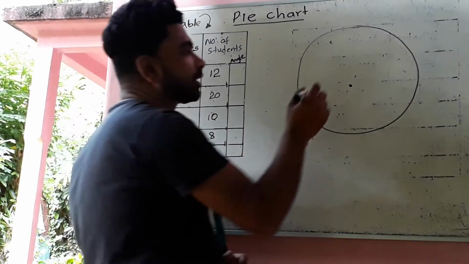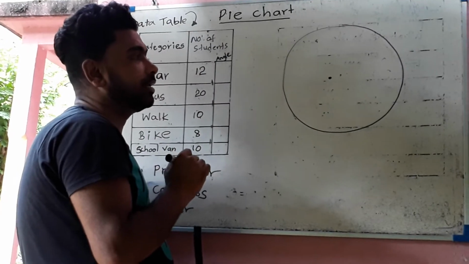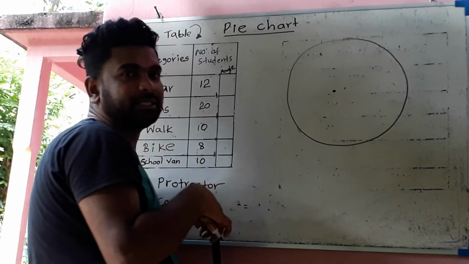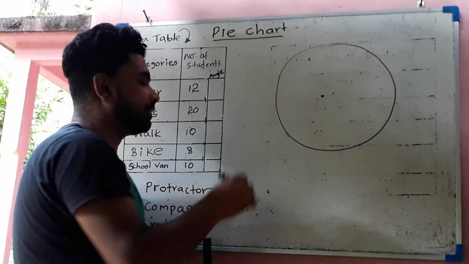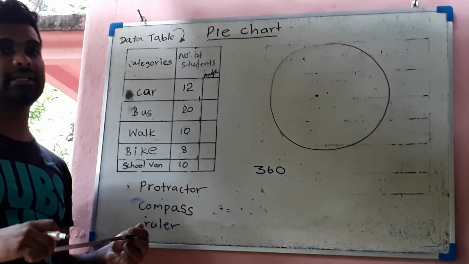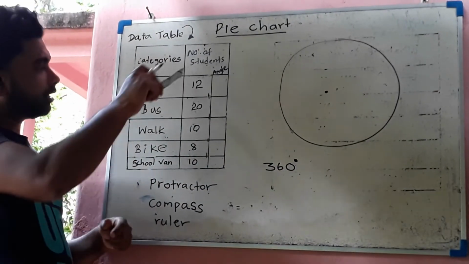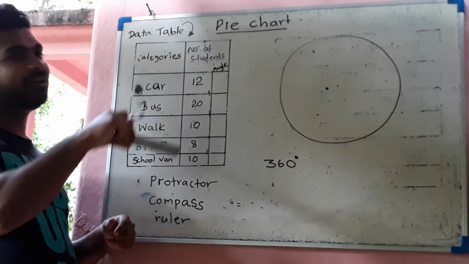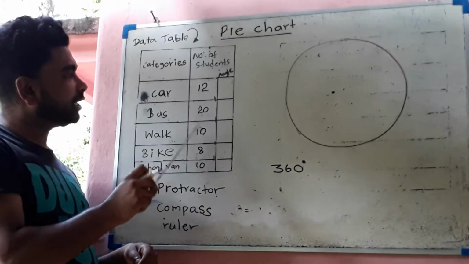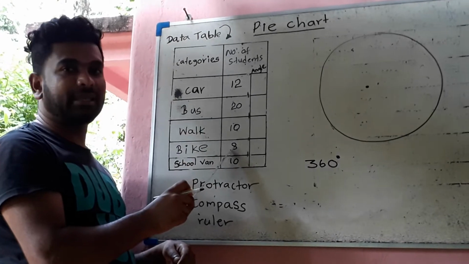This is the center of the circle. Around a point, what is the magnitude of the angle? 360 degrees. So get the total for all the number of students here: 20, 30, 40, 50, 52 and plus 8, 60.